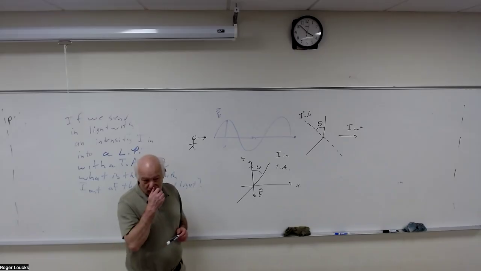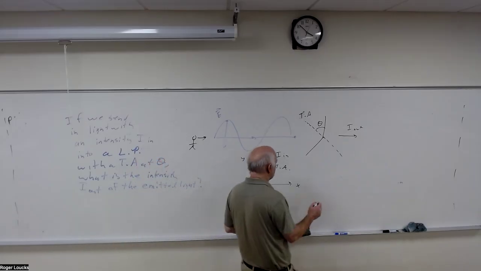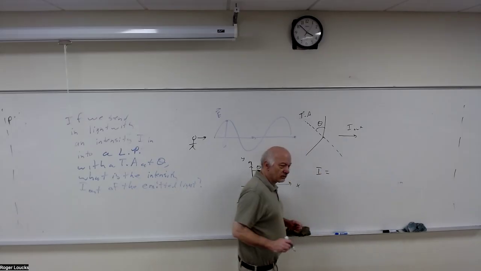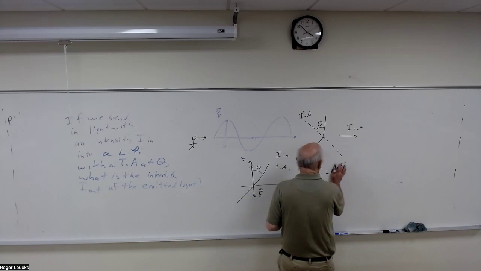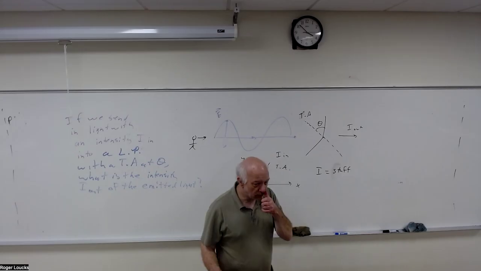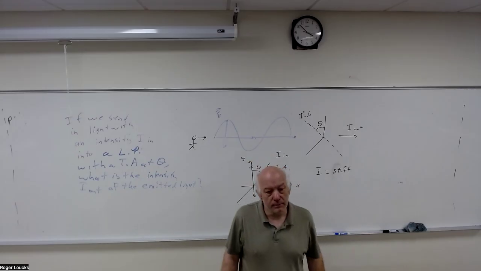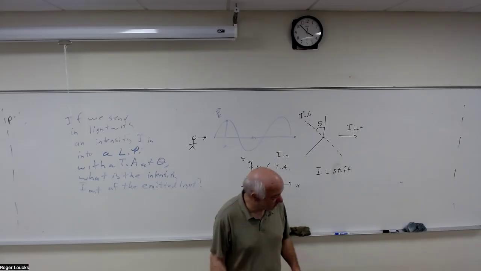Make sense? Now, let's remember what we know about intensity. What does intensity equal? When we work it out, remember it was this one half, there's some stuff, and then it depends on something over area, something squared. What's squared? The amplitude squared, right?